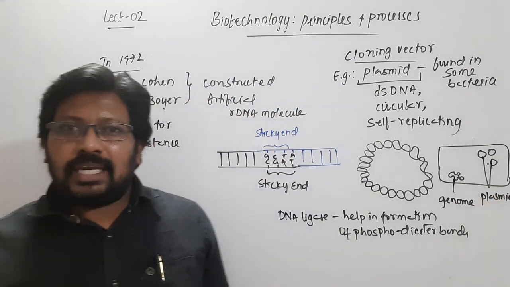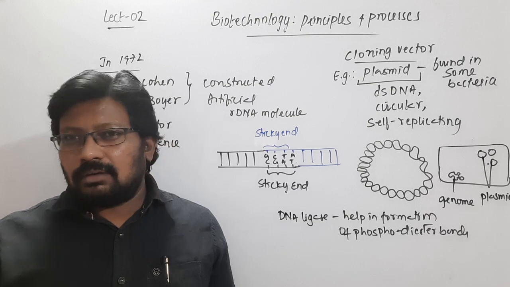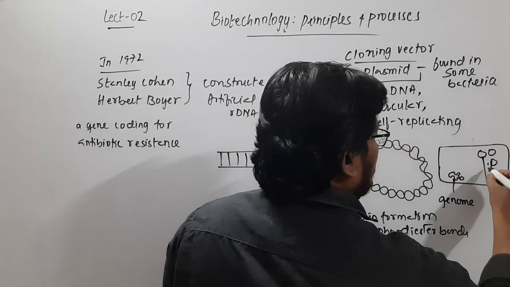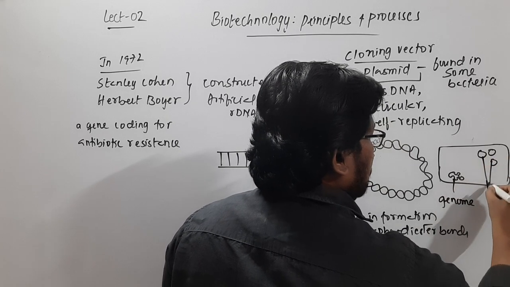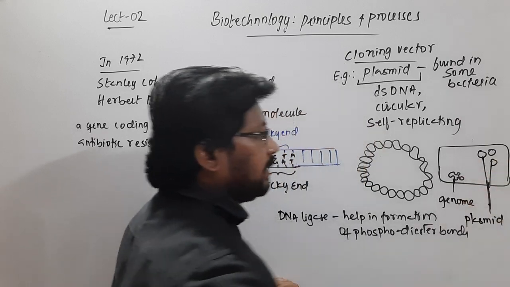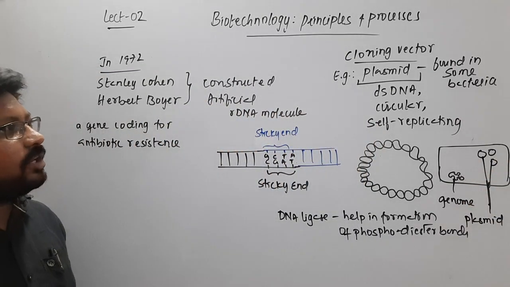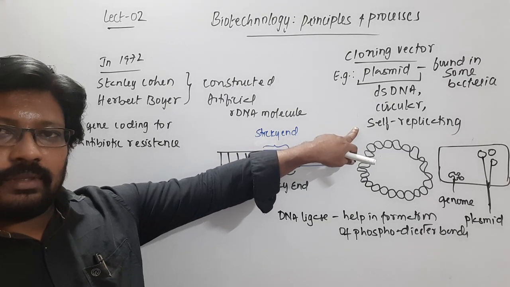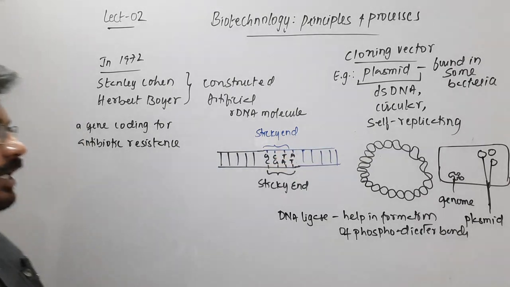A bacterium may have only one plasmid, or more than one plasmid. If it has more than one, then all those plasmids will be of the same type, meaning they are all copies, because the plasmids are self-replicating. I'll tell that point later.